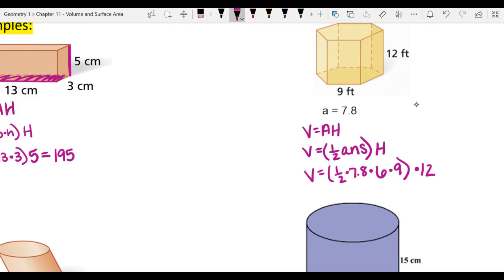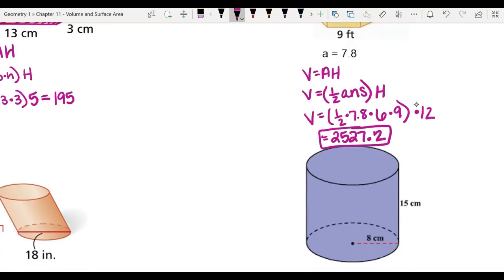So you would plug this straight into your calculator. 0.5 times 7.8 times 6 times 9 times 12 gets me 2,527.2. That would be your volume. How do you guys feel about that one? Sound okay? To me, the hardest part is knowing the area formula. Would you guys agree?